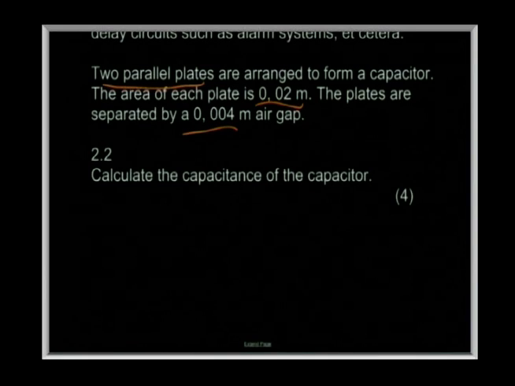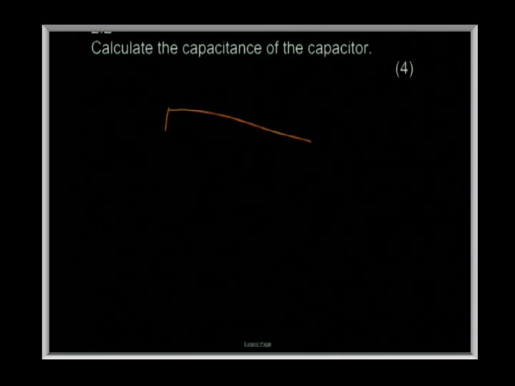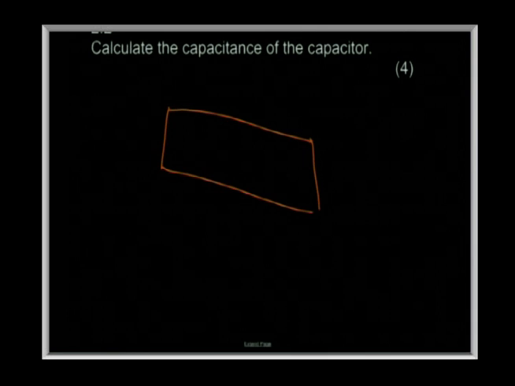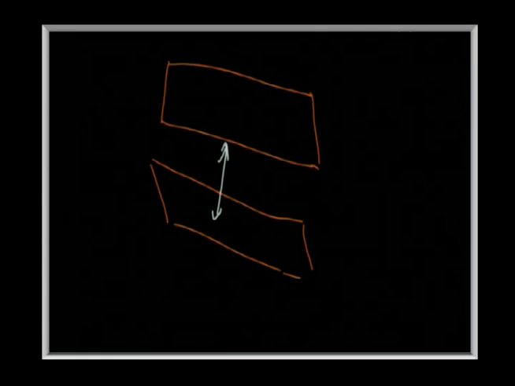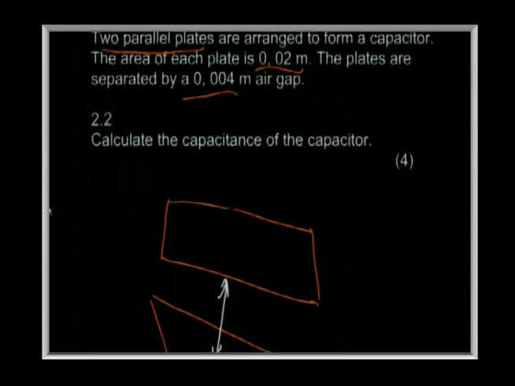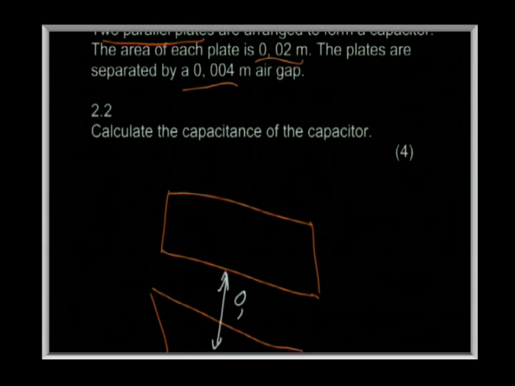What we've got is two plates. One plate sitting there and one plate that sits below it. They're parallel to each other. My drawing isn't terribly good. I'm not a very good artist, but I think you can see it. In between here, we've got a gap, and the distance of that gap is 0,004 meters.